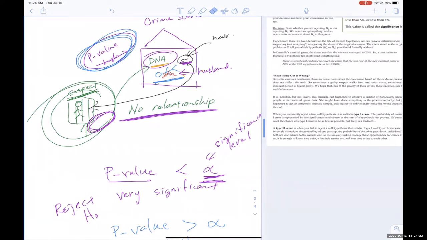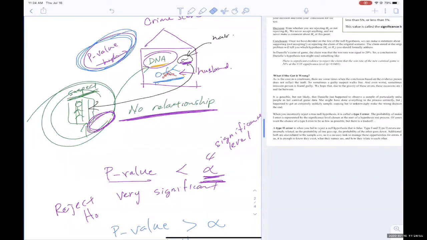He goes to jail because his DNA was found at the crime scene, and they conclude he must be the one who committed the crime. But he really did not. So an innocent person goes to jail. And that could happen. There are many cases that have happened before.